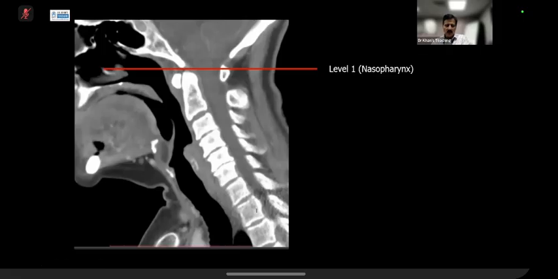Now, orient yourself at levels. So we are going through the pharynx now. This is what I call level 1, or the nasopharynx level. If you see here, the slice is going through it. The hard palate, or the soft palate, is not included here, right?